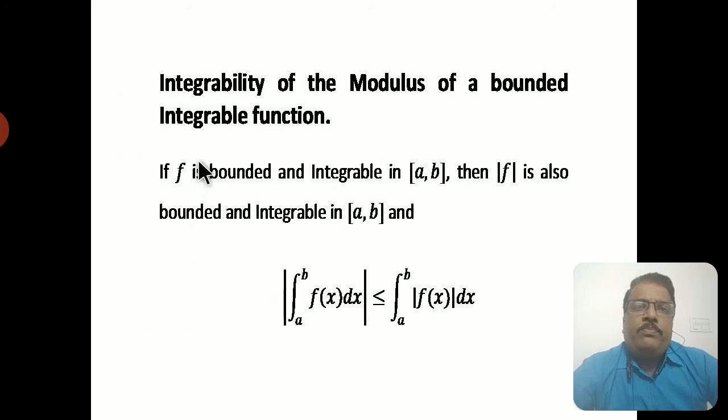Next we have integrability of the modulus of a bounded integrable function. It says that if f is bounded and integrable in the closed interval [a, b], then the absolute value of f is also bounded and integrable in [a, b], and the absolute value of the integral from a to b of f(x) dx is less than or equal to the integral from a to b of the absolute value of f(x) dx.